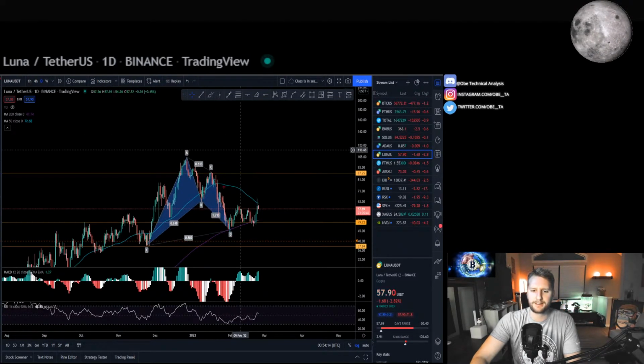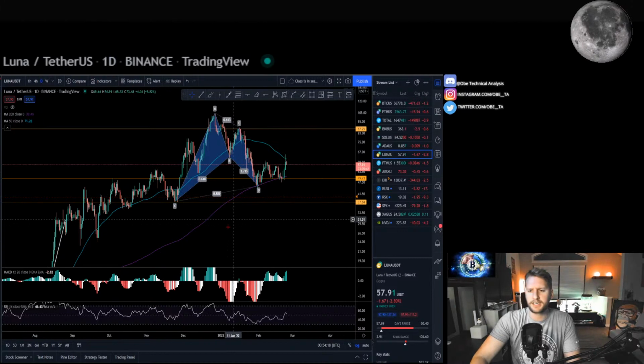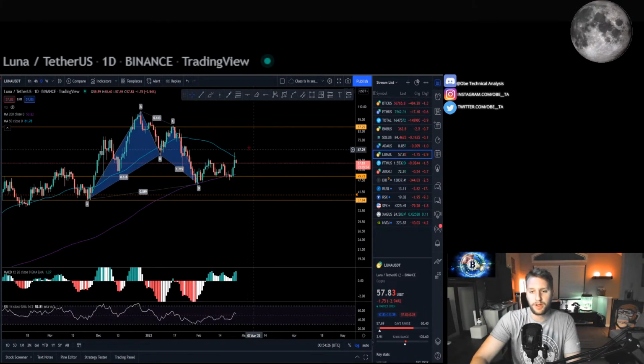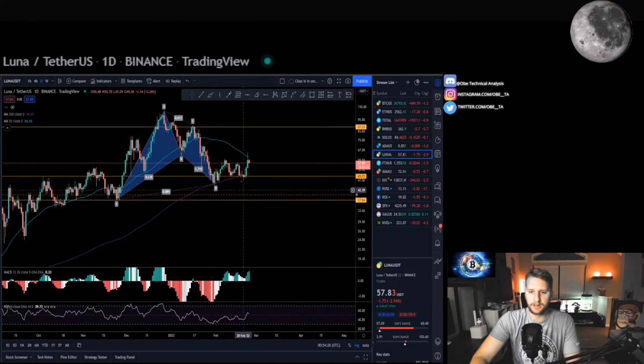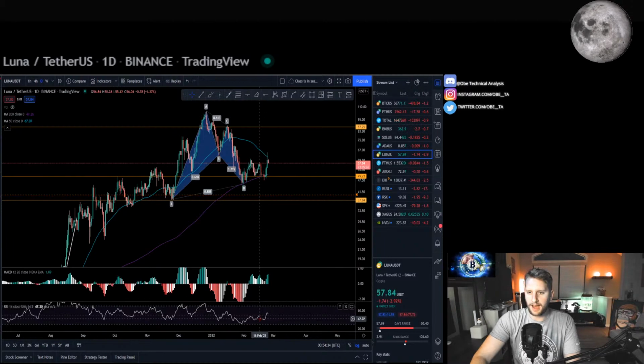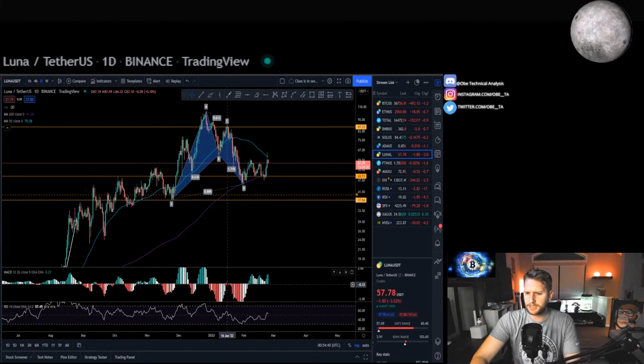This is not almost a Gartley. It was at the 786, but went down to the 886, the 200 moving average. Dude, this has some pretty nice confirmation of support. Now, the issue that I'm seeing here is that it got up to the 50 moving average before immediately getting back below. So, look, I don't see any kind of bearish divergence, locally at least.